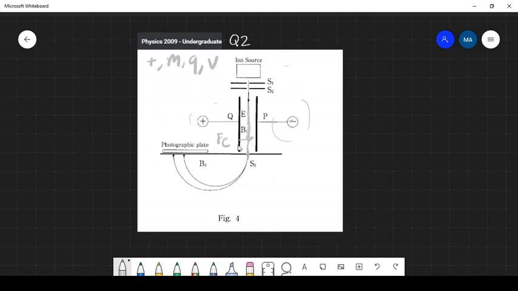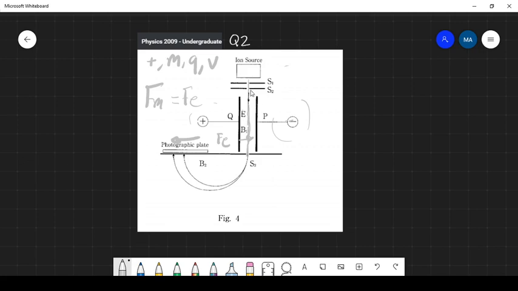If there is a force applied in this direction, then it should have made something like this, but it didn't. Why is that? Because there is another force applied over here that will cancel with this electric force. And what force is this? It's the magnetic force. So the magnetic force must be equal to the electric force. This is just information. He didn't give you this exactly in the question, but it's things that you could understand.